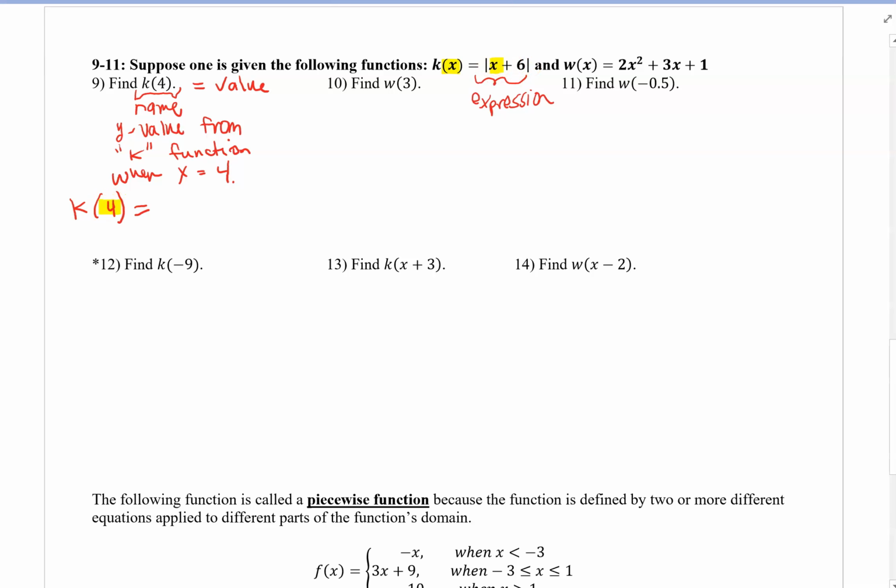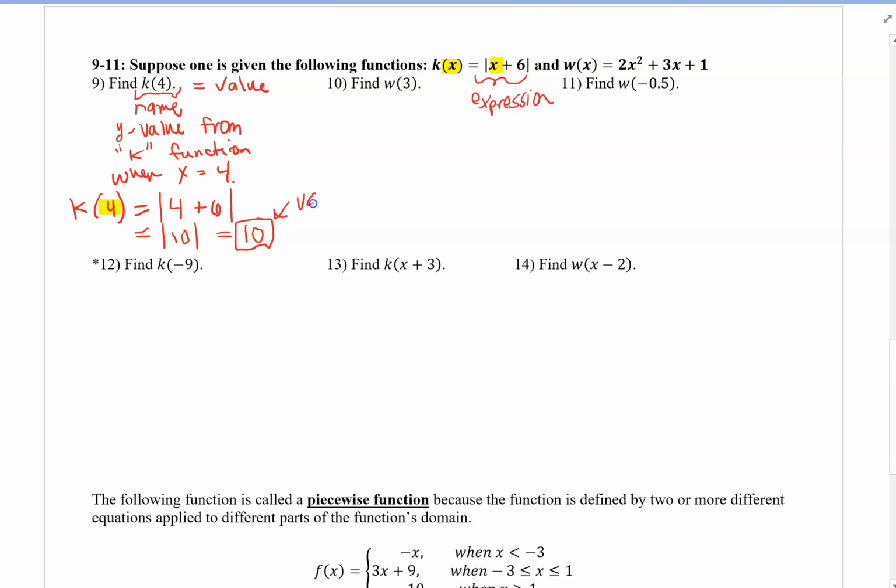So when I go to the expression, I'm going to replace the x that was there with a 4 and then follow the order of operations. So the order of operations, I need to do whatever's inside the function first. The 4 plus 6 will have to be done first. So then this is the absolute value of 10. And then we know that the absolute value function only changes the sign of a number if it's negative. If the number's positive, it just stays the same. So the answer is 10.